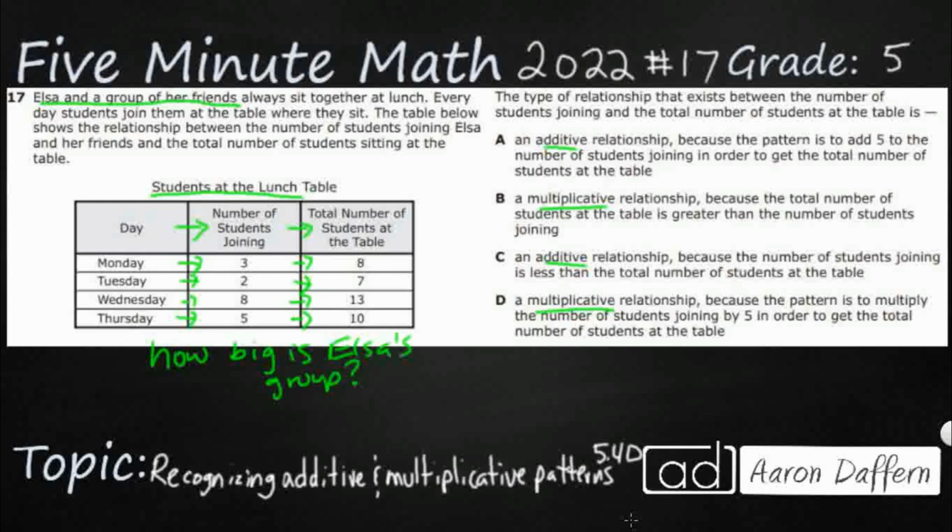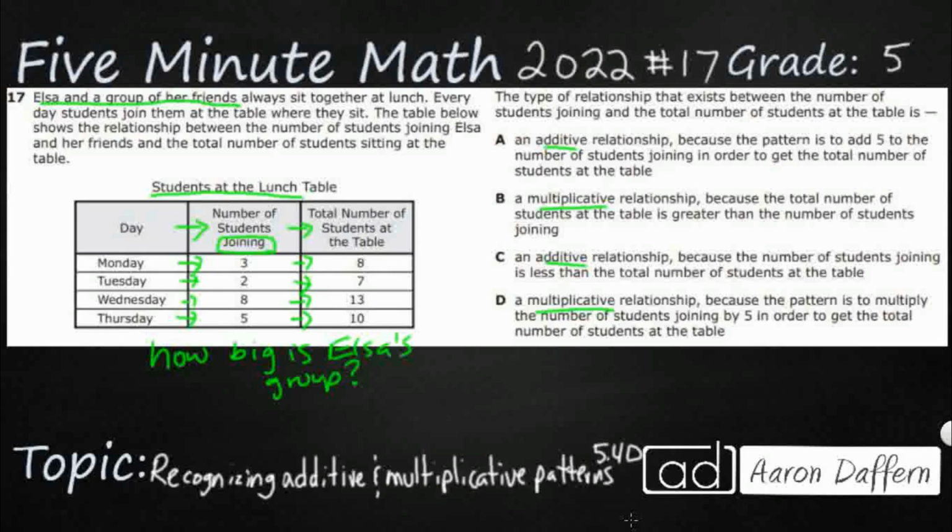And think about it, when more kids are joining, we probably are adding rather than multiplying, because when kids join the table, you don't multiply how many kids are there, you add to the kids that are there.